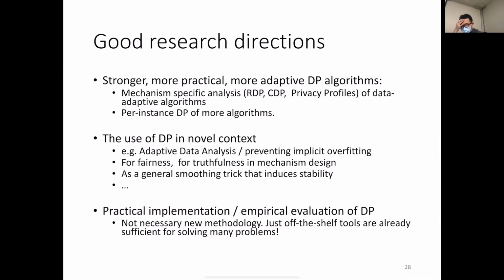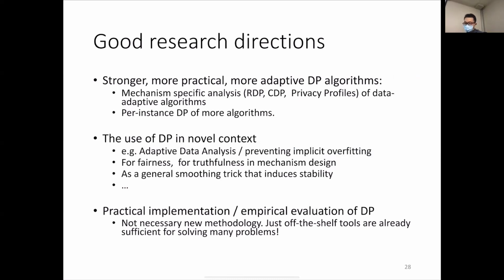And lastly, I want to reemphasize this: differential privacy is now becoming a more practical technology, and many companies are adopting differential privacy. So all the tech companies are adopting differential privacy in one of their products and services, and there will be a need for practical people who know how to use DP tools and how to implement differentially private algorithms correctly for each application separately.